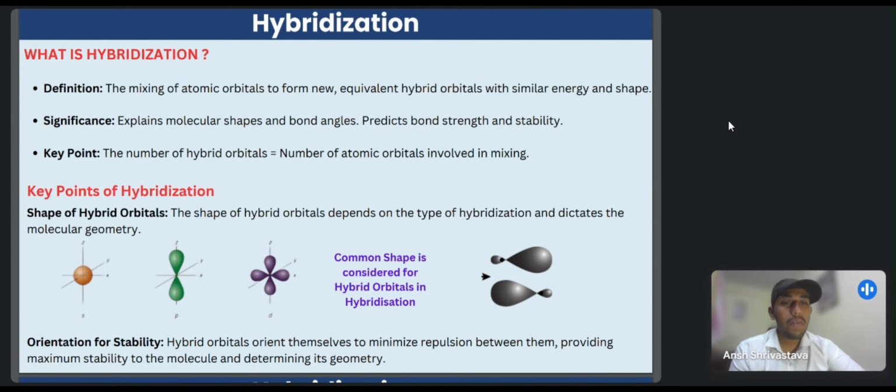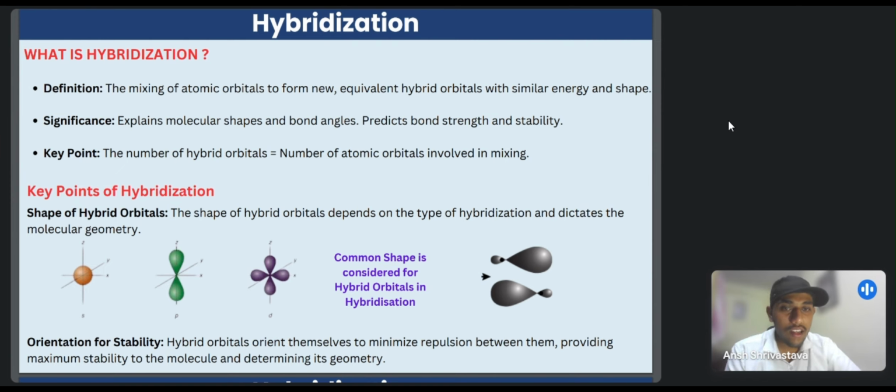Coming to the key points of hybridization, which are very crucial for your understanding of this topic. First of all, the shape of hybrid orbitals. The shape of hybrid orbitals directly dictates the molecular geometry, as the hybrid orbitals are the ones that participate in the bonding, so it gives the molecule its overall shape. Also, you know that the s orbital is spherical, the p orbital is dumbbell shaped, and the d orbital has a complex shape.